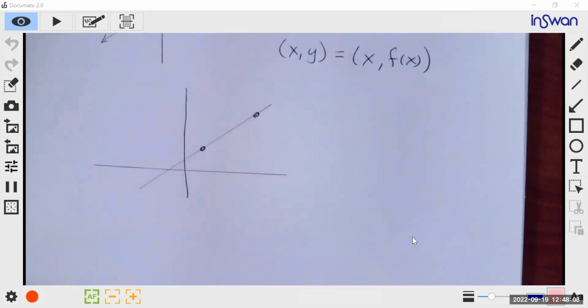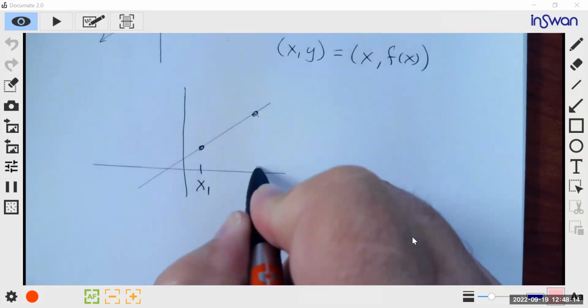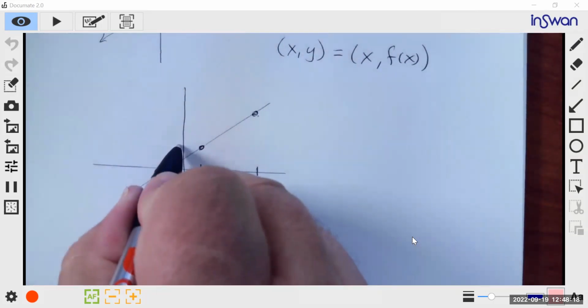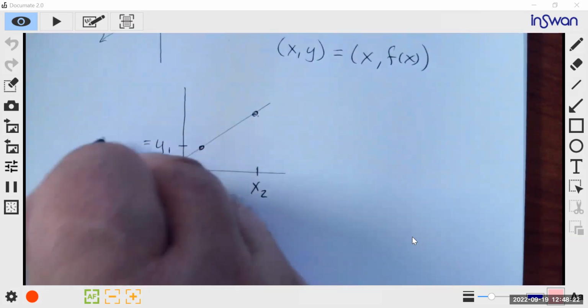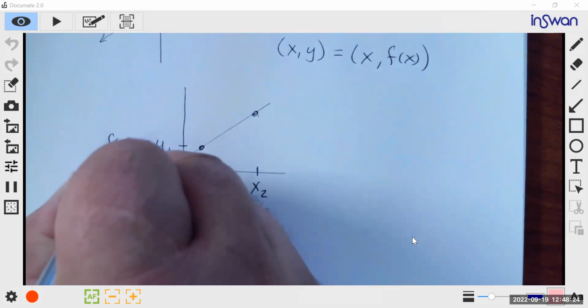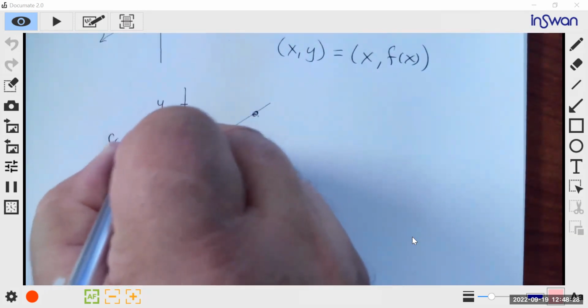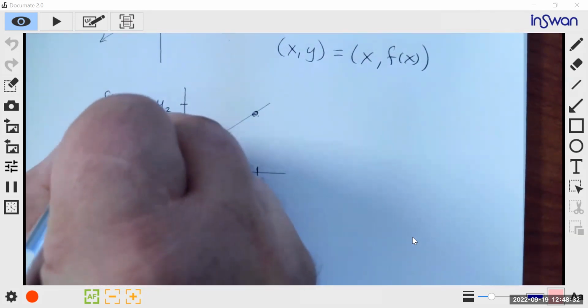If we look at it as 2 points, here we have x1 and here we have x2. Here we have y1, which is the same thing as f of x1. This is y2, which is the same thing as f of x2.